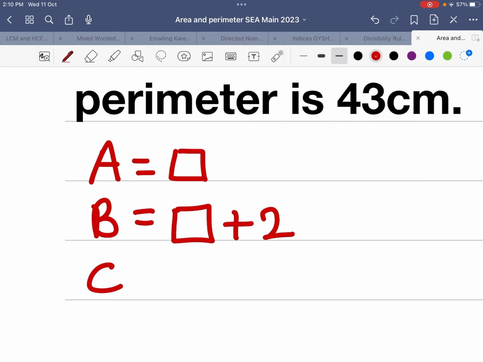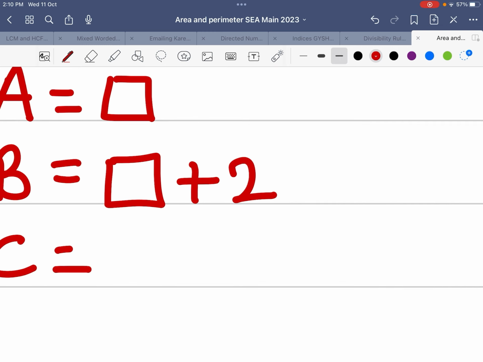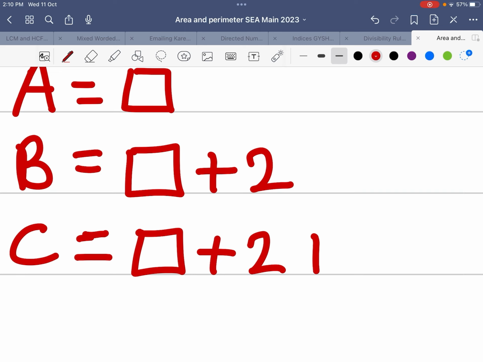And then C is 3 centimeters more than side B. So we need to write side B again, which is box plus 2. And they said that C is 3 more than B, so we must add 3.